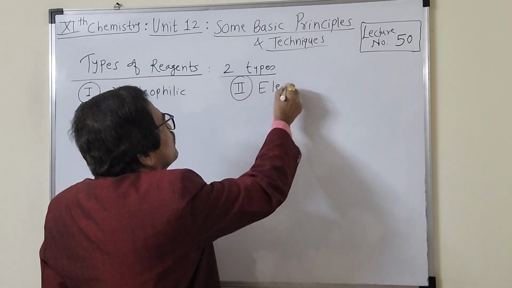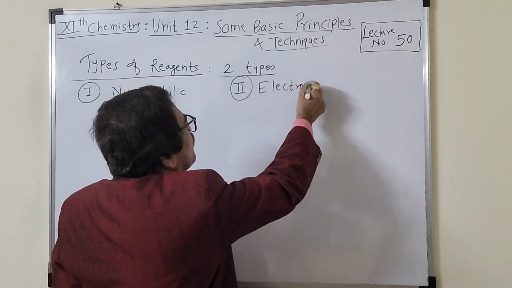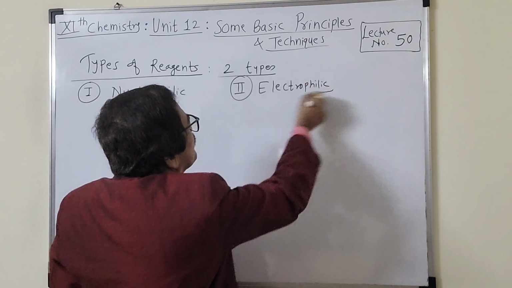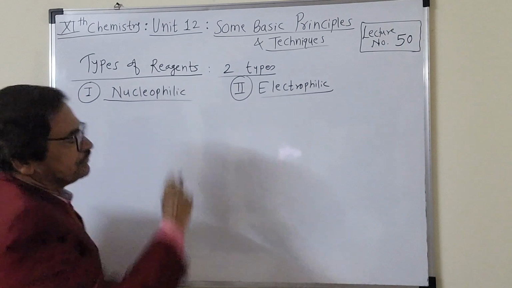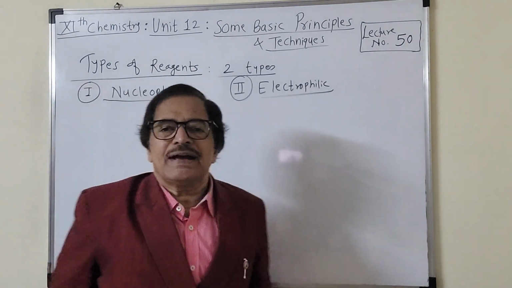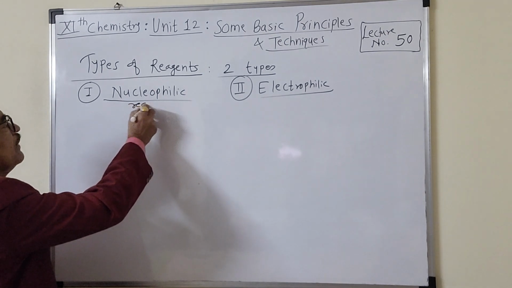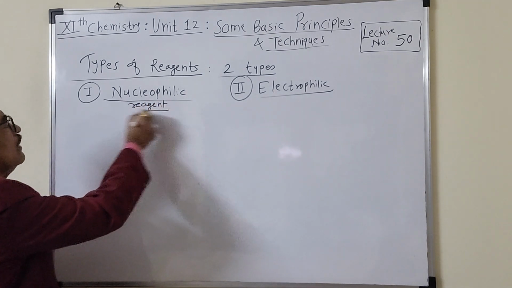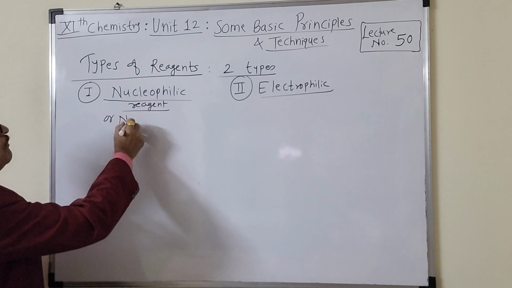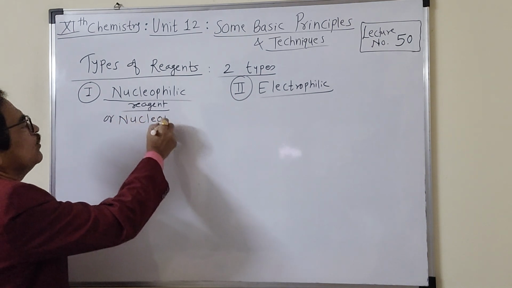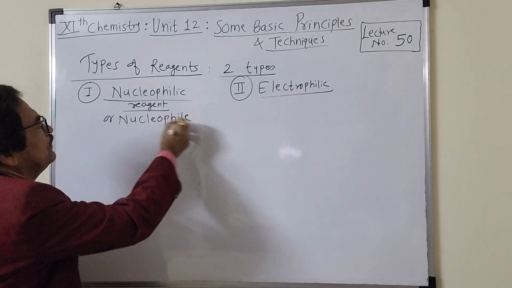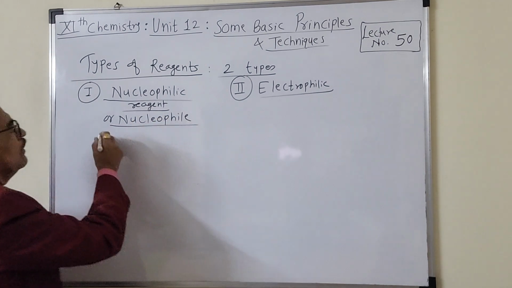Okay, तो ये क्या है हम देखेंगे. We'll just go for that. What is this actually? Nucleophilic and electrophilic. या उसे कहते हैं न्यूक्लियोफाइल, न्यूक्लियोफिलिक reagent or nucleophile. My friend, nucleophile, the name itself is indicating the meaning there.